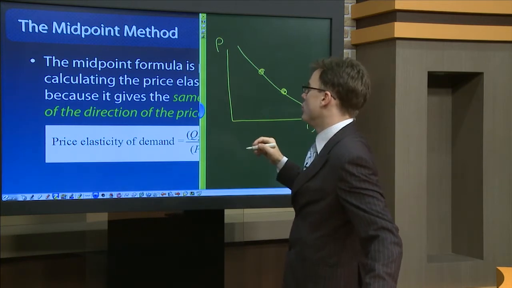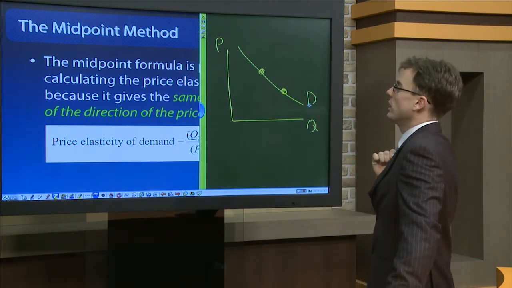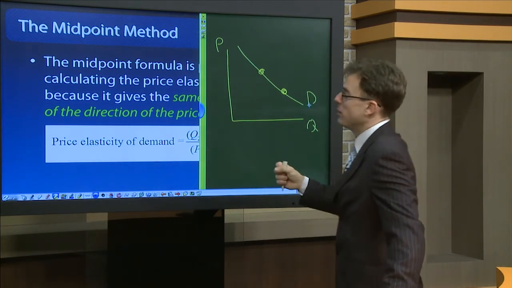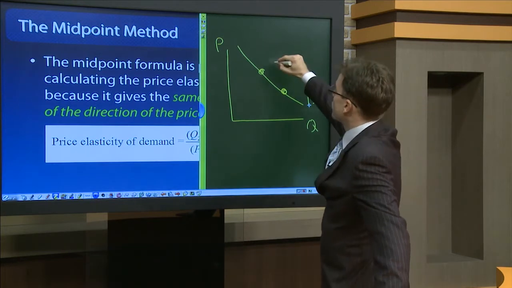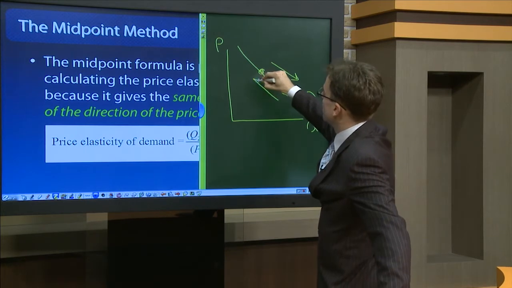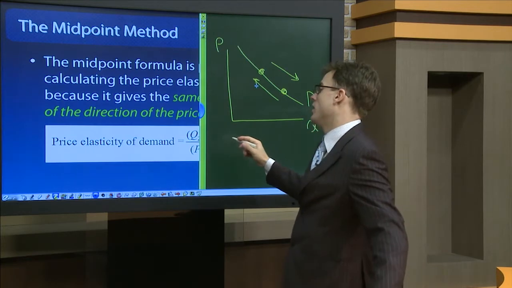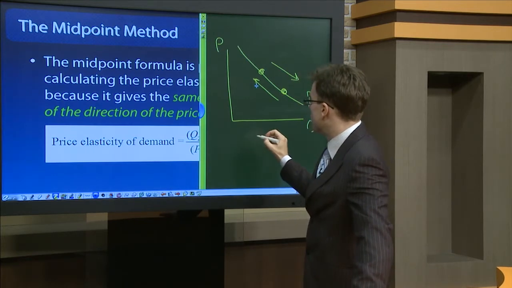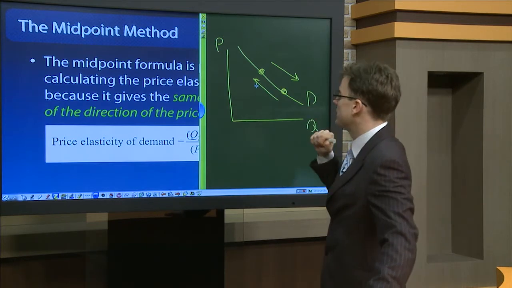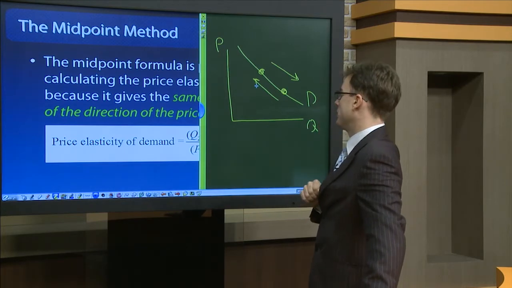We will use the midpoint method formula for calculating elasticity because it will give us the same measure of elasticity regardless whether we are studying a change in this direction or a change in this direction on the graph. Just to review, price elasticity of demand is the percentage change in quantity demanded for a percentage change in price.